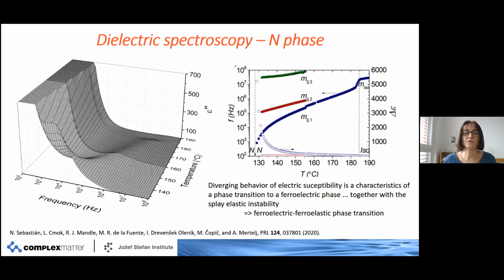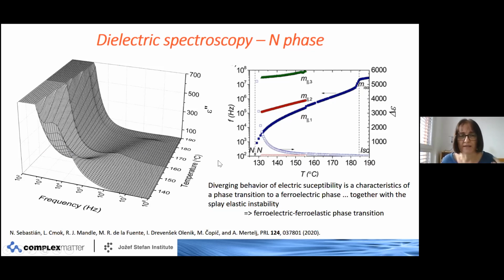The second one is observed in the dielectric spectroscopy studies. Here in this 3D graph is shown the frequency and temperature dependence of the dielectric loss, and you can see in the upper nematic phase that there is a mode which becomes slower and whose amplitude increases when approaching the phase transition, which is at 133 degrees.